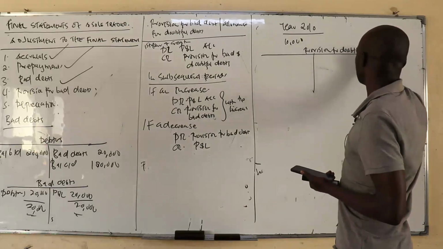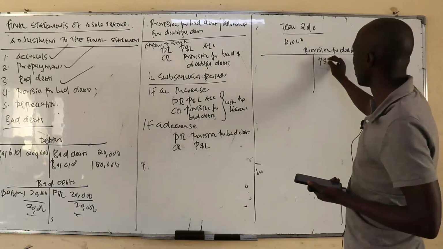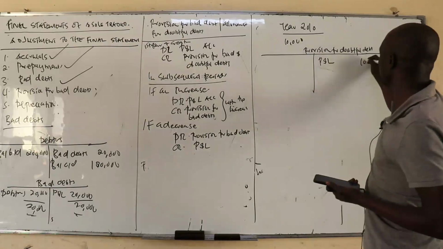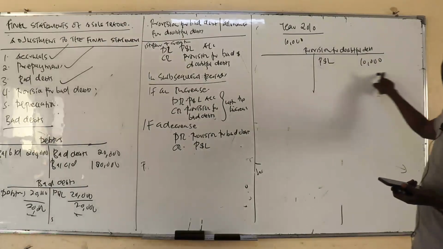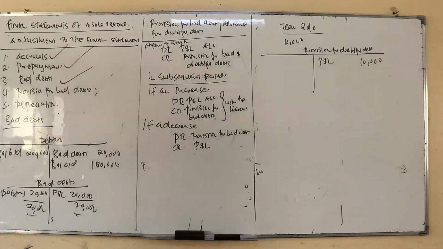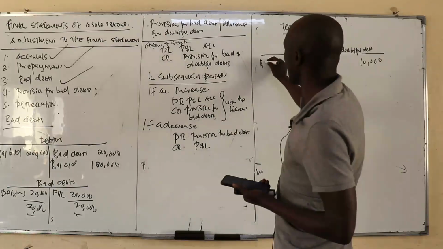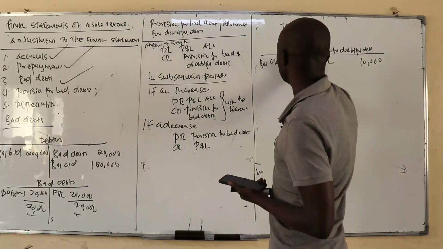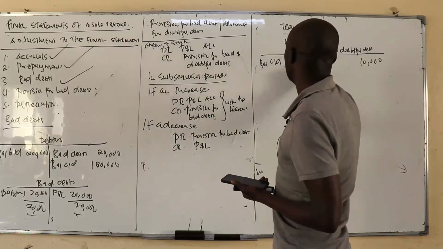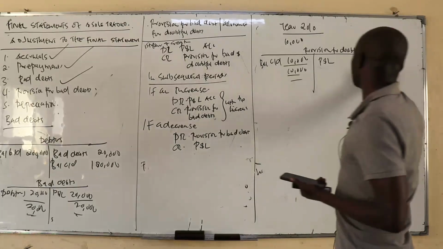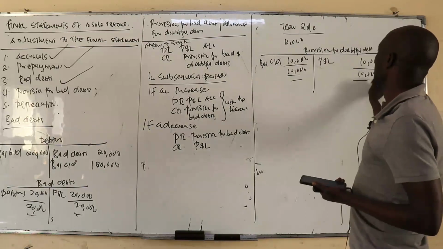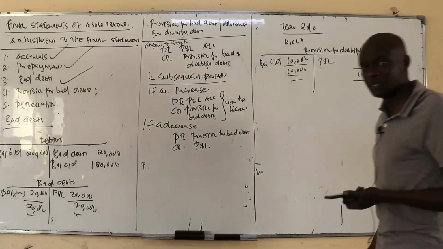It is the first year, so you write here profit and loss account. Of course, this amount you're going to take from the profit, so this one will be an expense. So you debit profit and loss account, and then the balance carried down here would be 10,000. That is in year 2010.